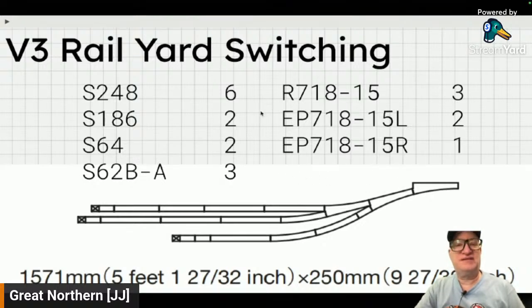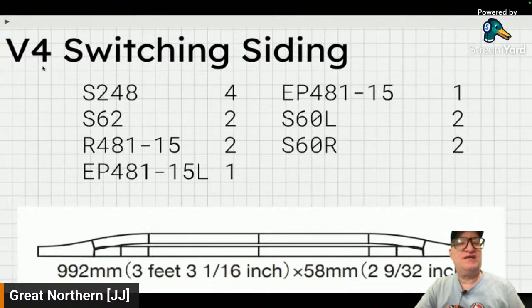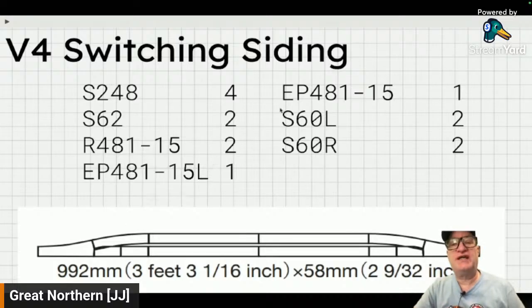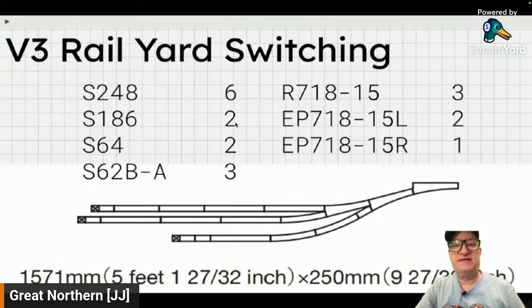Lots of flexibility there. Then you've got the V4 switching siding. So what's the difference between the switching siding and the main line siding? Well, they chose to put in their Kato number 4s instead of their Kato number 6s. So there's only 2 types of switches, and you'll see if we go back, these are EP718.